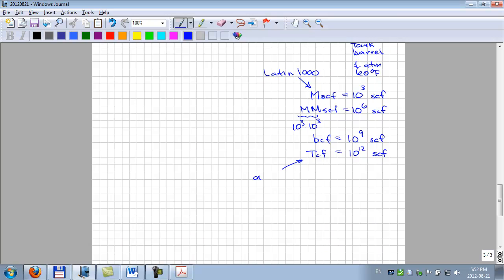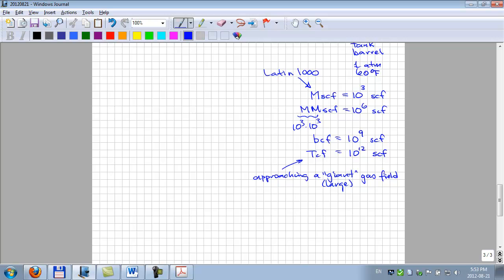So these are approaching the volume of a very large gas field, which probably wouldn't be a giant, but in most places in the world would be a giant or at least a large gas field. So when you read the paper and they say they found Ormen Lange, it's around 10 TCF.